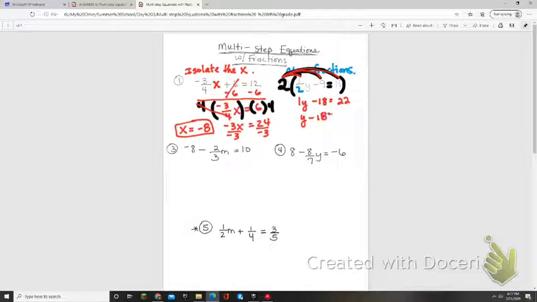So again, when you're doing these problems, you do not have to write the 1 in front of the y, but it's not wrong if it's there. So now you just have to add 18 to both sides, and we get y equals 40. Clearing the fractions right from the get-go allows you to not have fractions in your problem anymore.